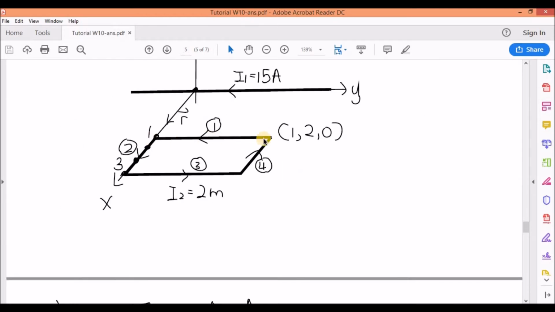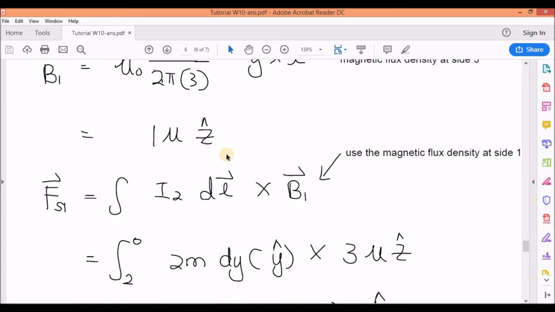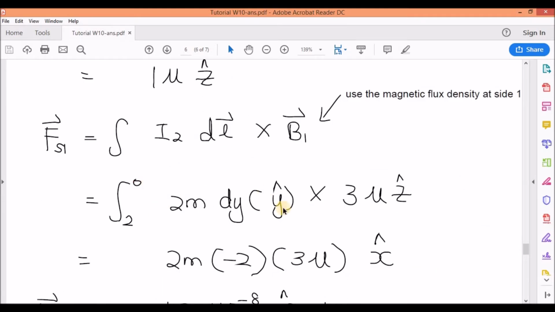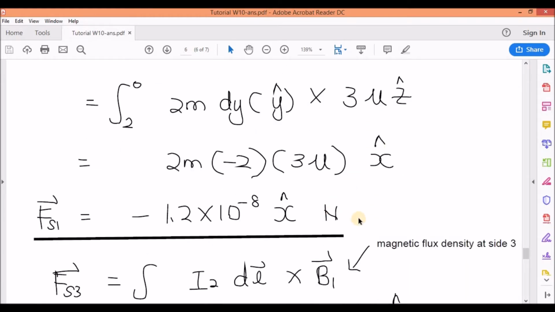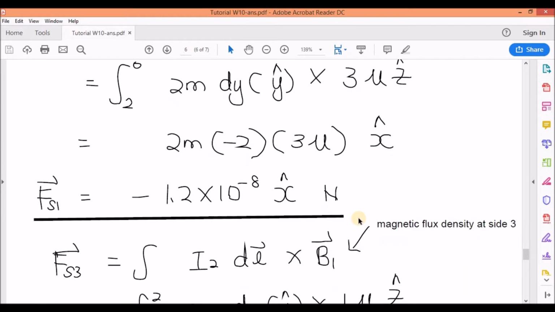For the dy, I label it in the y direction. The length I can specify from 2 to 0, or you can put it as negative y and have the limits be 0 to 2. You will get the same answer. And this is the B1 you got just now, the magnetic flux density at side 1. So you will get this reading. This is for side 1.